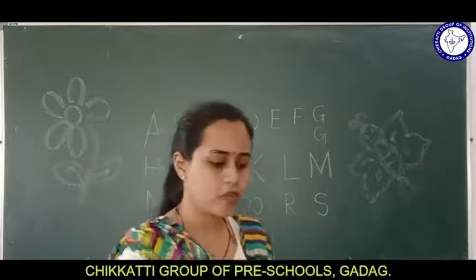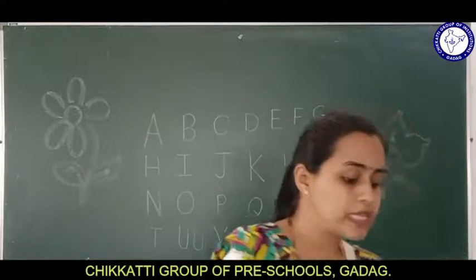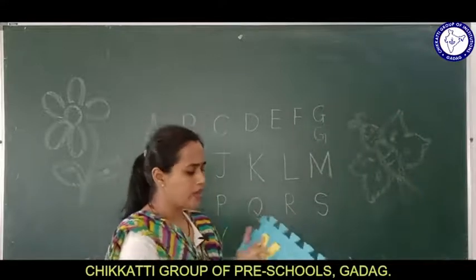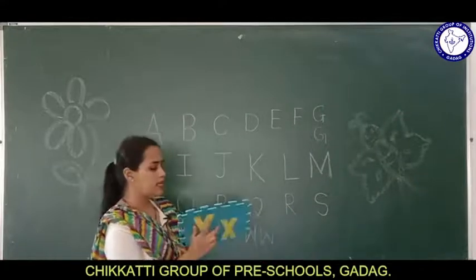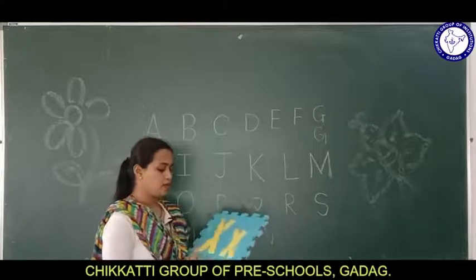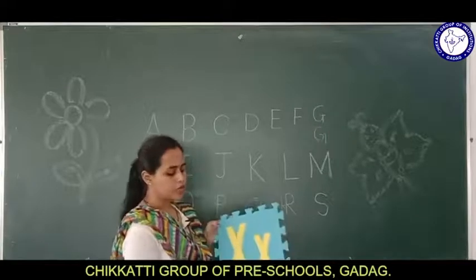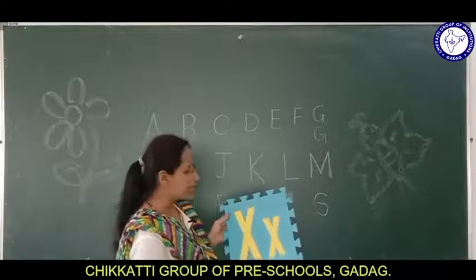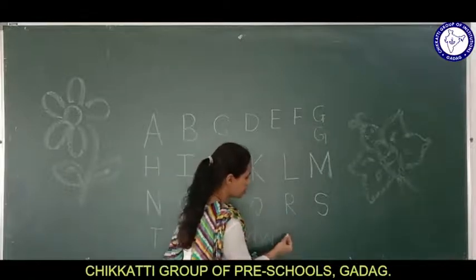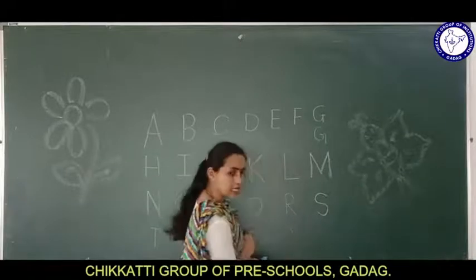Now here we go for the next letter, which is X. You have seen this X on many boards, have you? So how to write X? Slant.